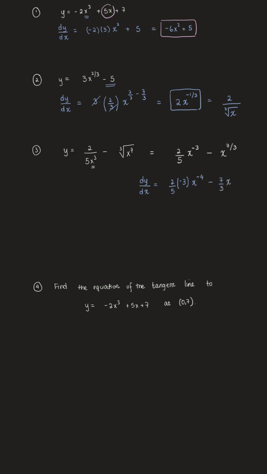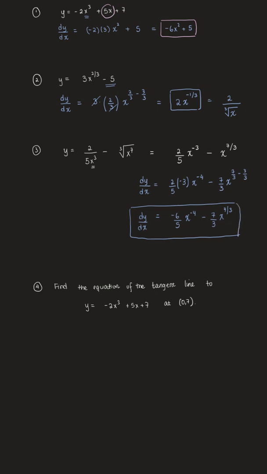So it'll be 7/3 x to the 7/3 minus 1, with a common denominator of 3, so I'm going to write that as minus 3/3. Now, if I work on this a little bit, I get a negative 6/5 x to the negative 4, minus 7/3 x to the 4/3. And I'm just going to leave it like this. We could bring a negative exponent to the denominator and rewrite the root, but we can also leave it this way. So there is our answer for number 3.